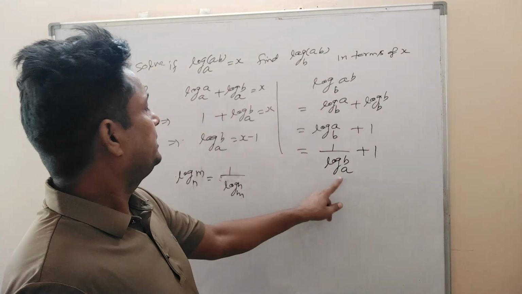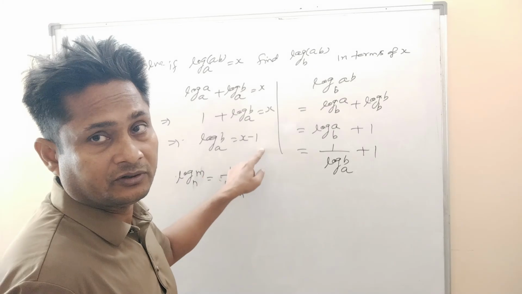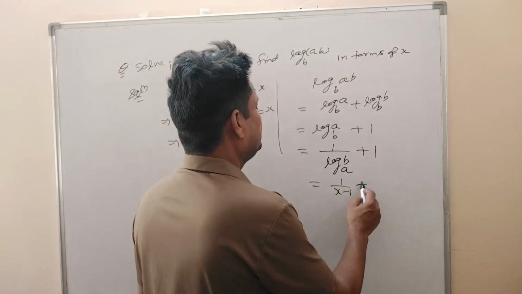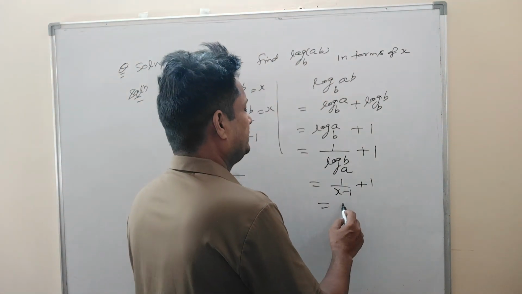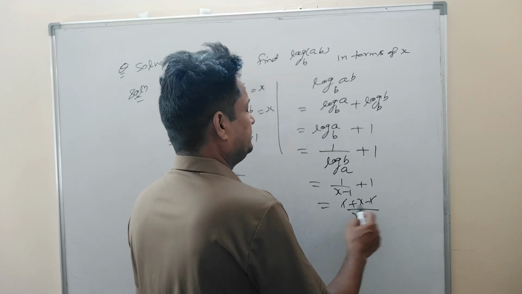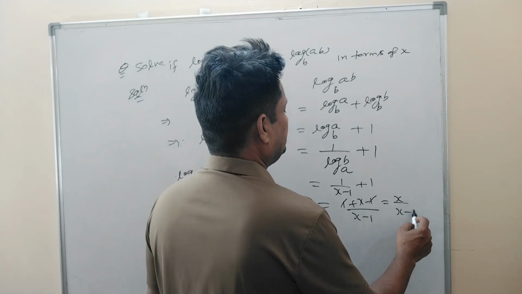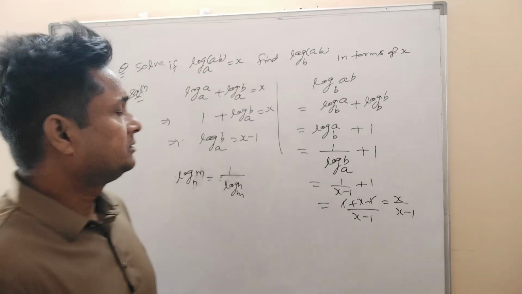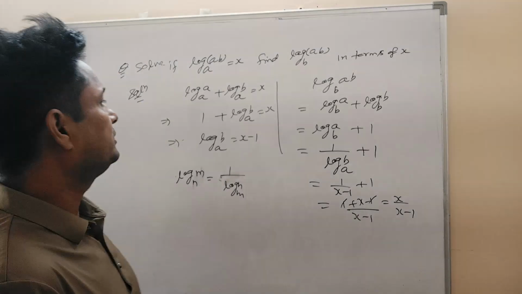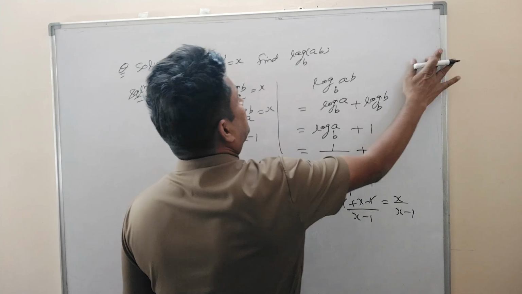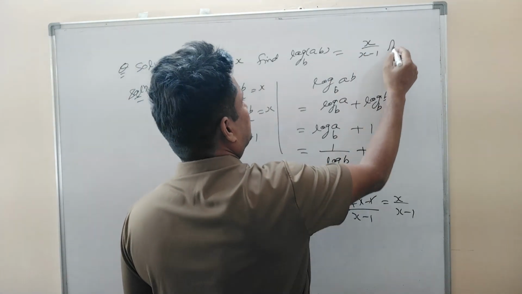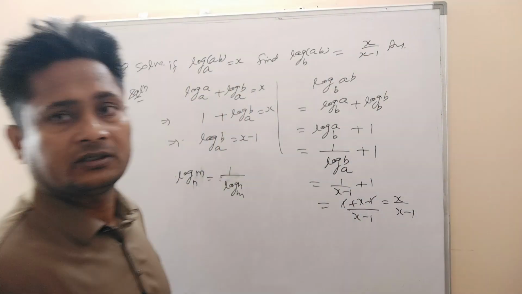And log of B base A has the value x minus 1. Substitute here. So this will be 1 by (x minus 1) plus 1. Now take LCM. So it will be (1 plus x minus 1) divided by (x minus 1). This cancels out. So the answer of this one is coming x over (x minus 1). This is our answer in this case.